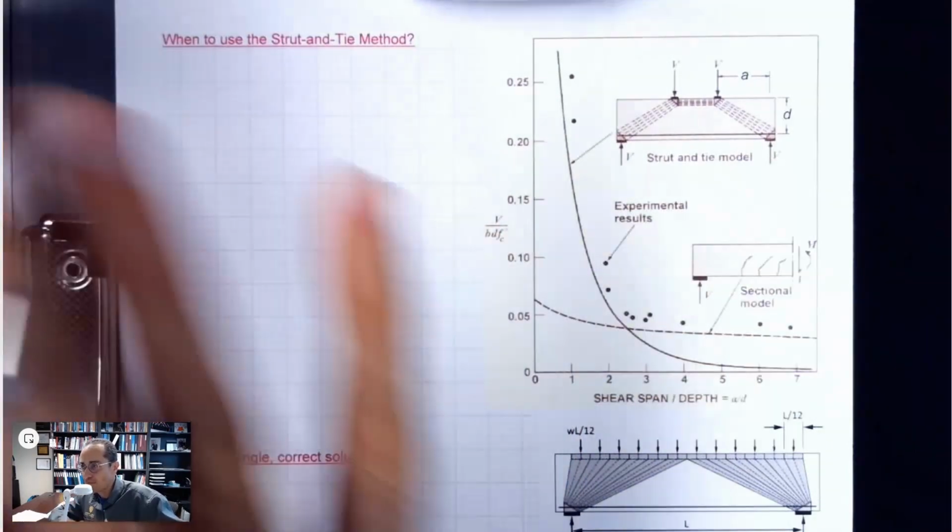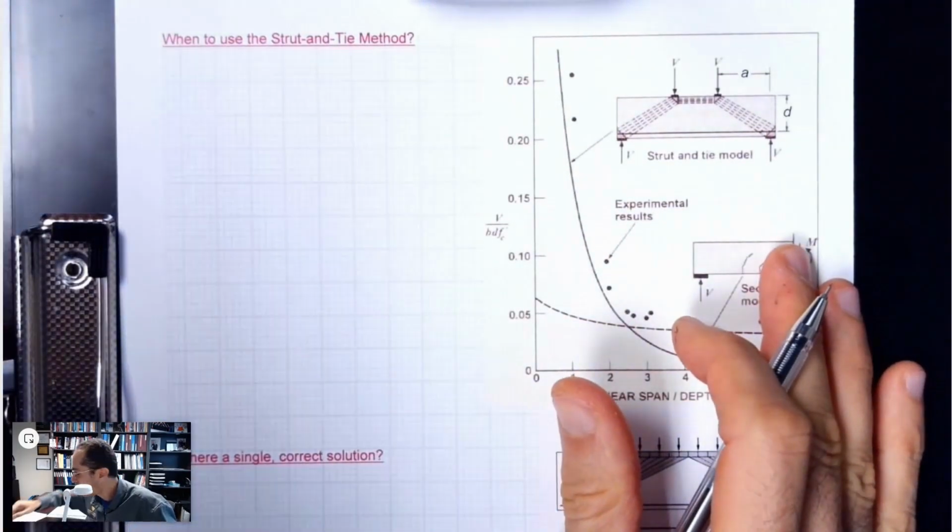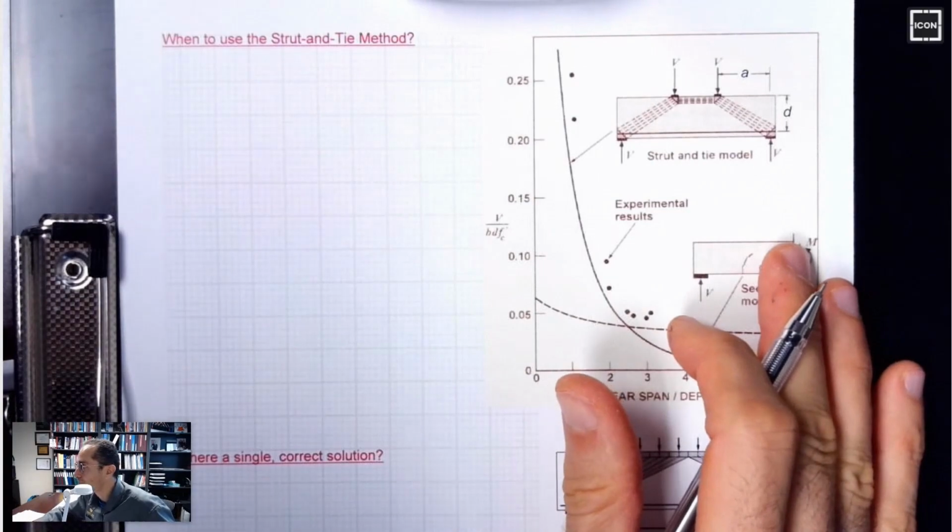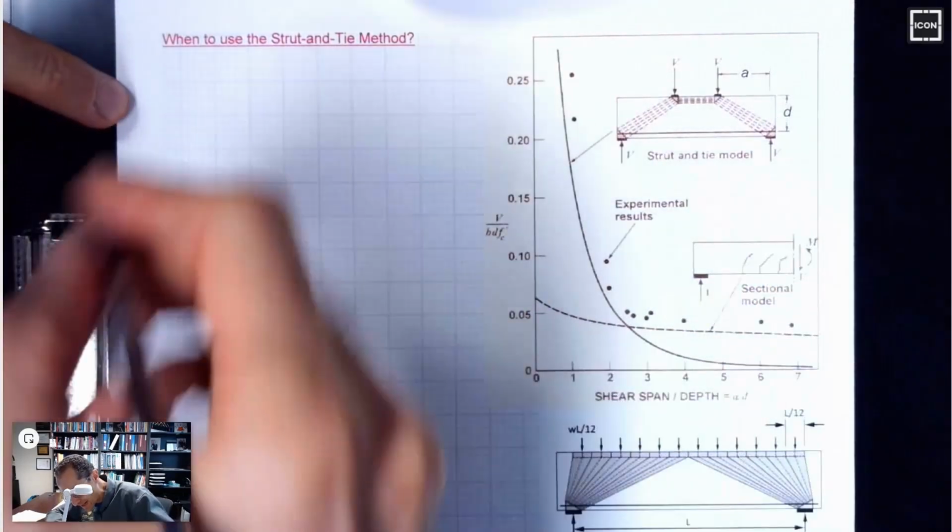Of course, deep members you have to use this, but there's really no major issues if you use it for slender elements as well.